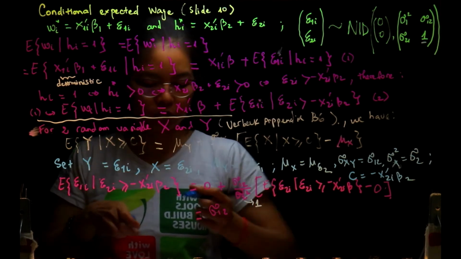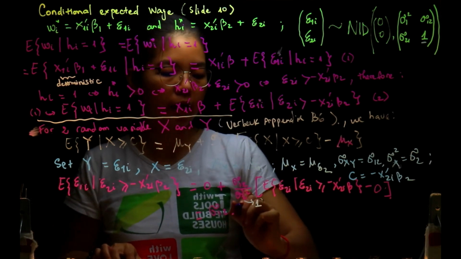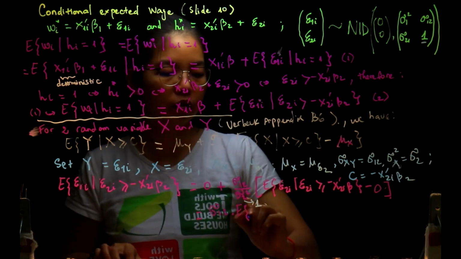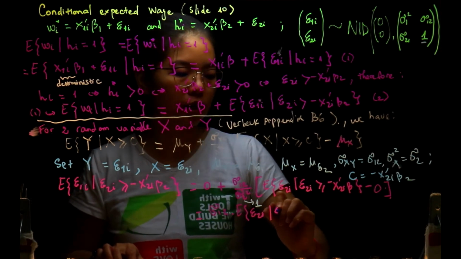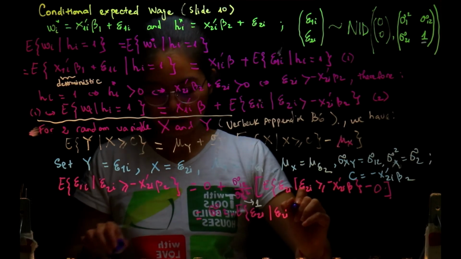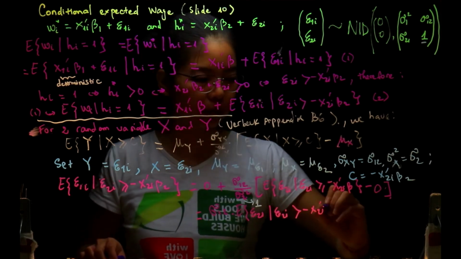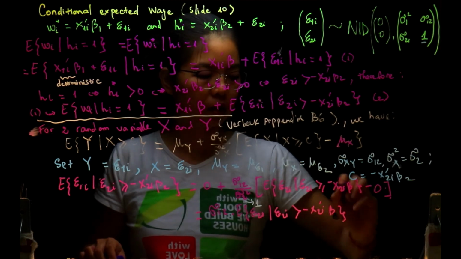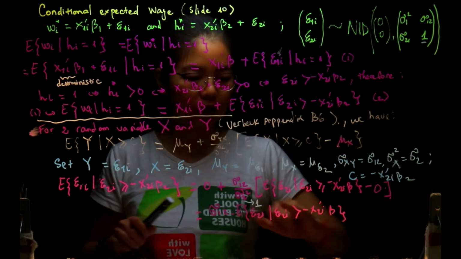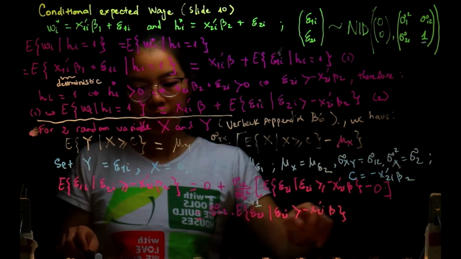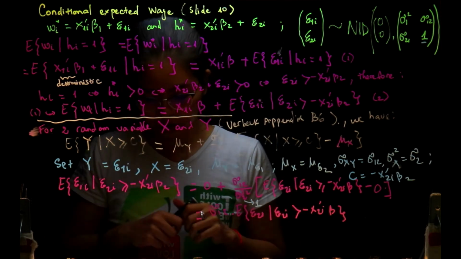We don't have to rewrite it, times the expectation of epsilon 2i conditional on itself larger than minus x2i prime beta 2. You could drop the equal sign over here, it's fine. Okay. And this is what appears on your third line.